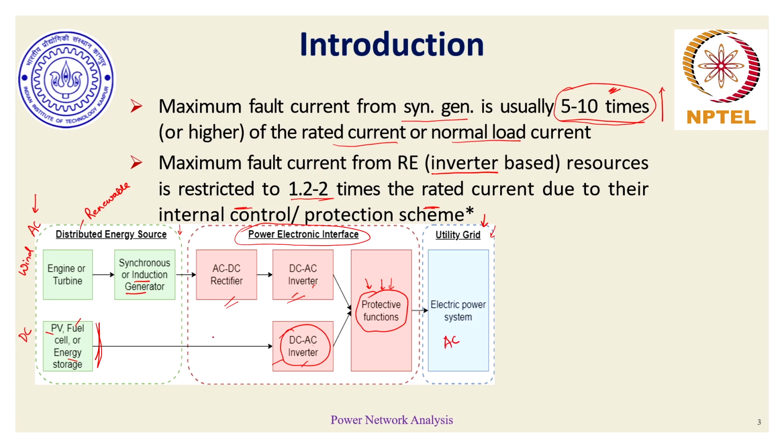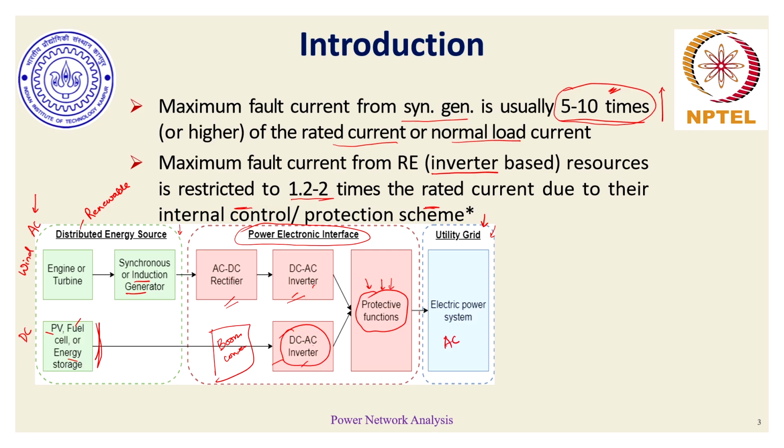There may also be boost or buck-boost converters which enhance the voltage level. So typically, if solar PV is generating at a few tens or hundreds of volts, and it needs to be scaled up to 400 kV, 765 kV, direct integration doesn't happen. It all happens at different levels of voltages.